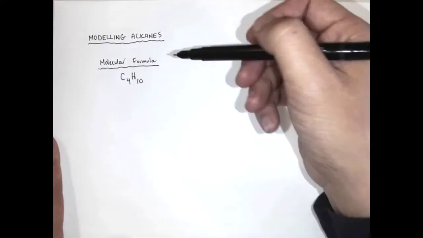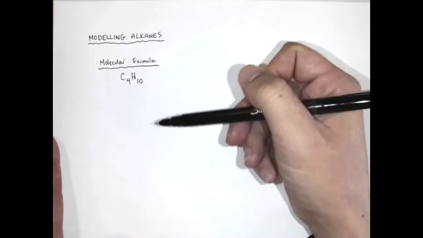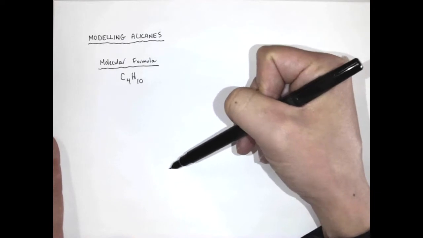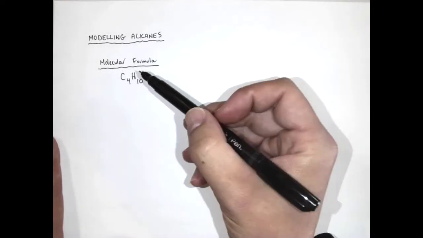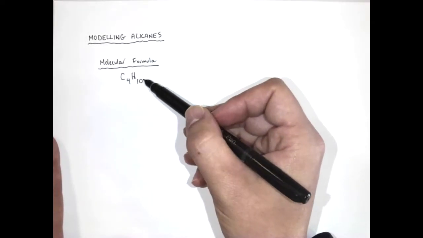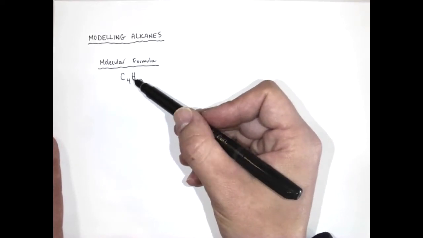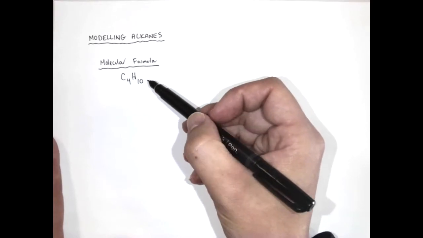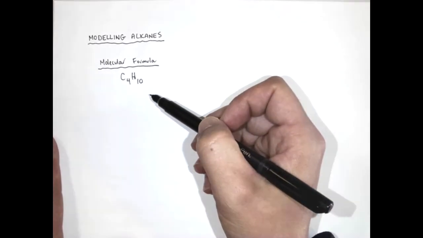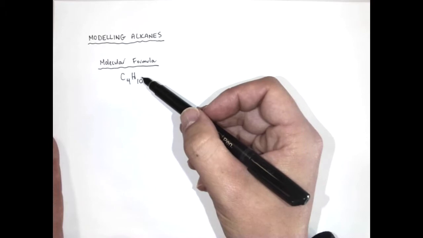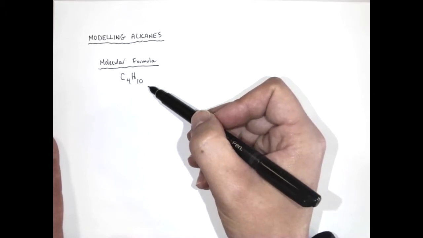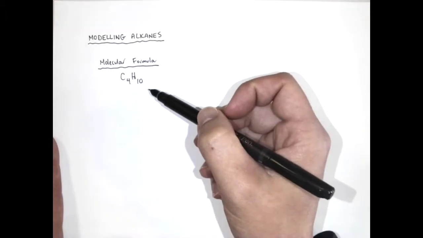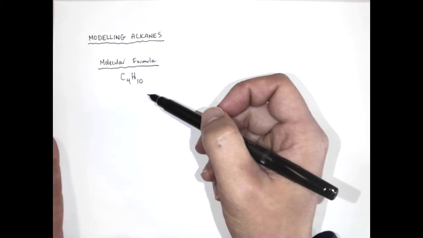With each type of formula I'm going to show you, we're going to get more and more specific about the chemical. So C4H10 is the molecular formula for butane, but here's a little hint: this could possibly represent another molecule. There is more than one molecule that the molecular formula C4H10 can represent, which we're going to look at in a future video called isomers.